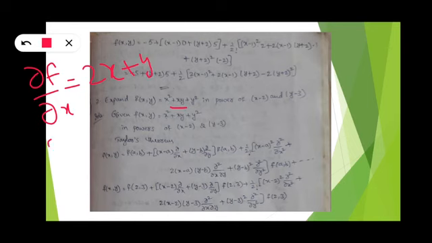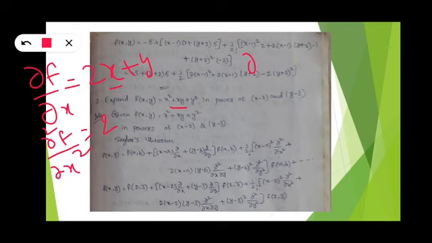Now again we partial differentiate with respect to x, then we get dou square f by dou x square. This is equal to, again differentiating, 2. Why? Because x gives 1 and y gives 0.